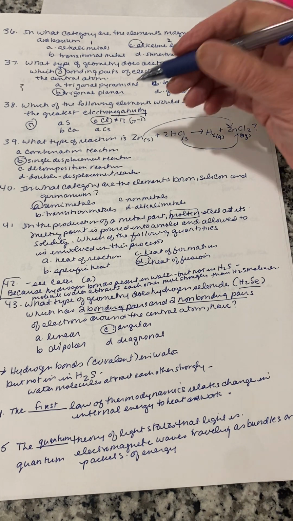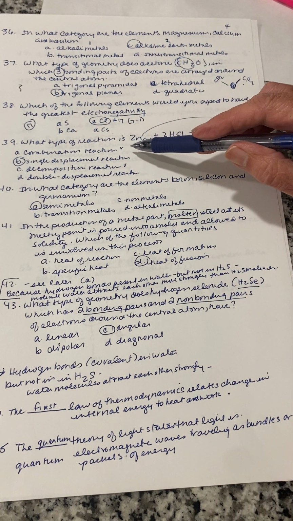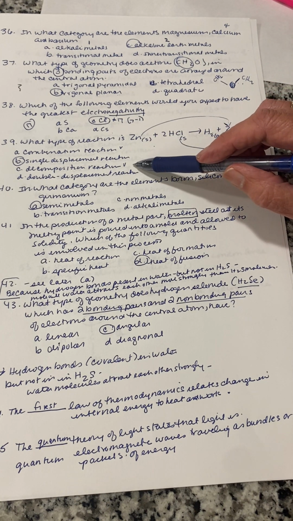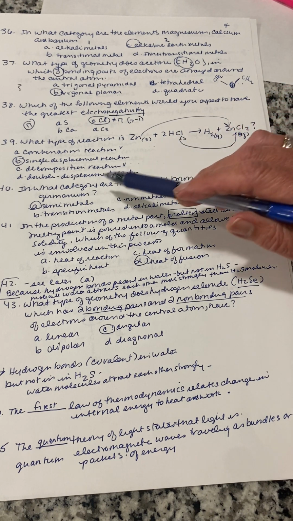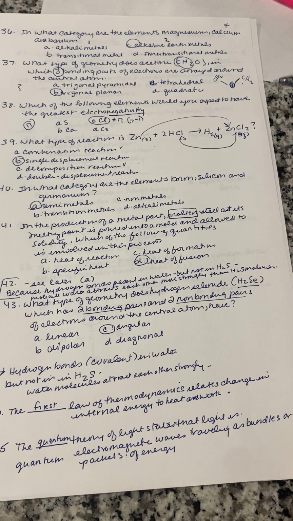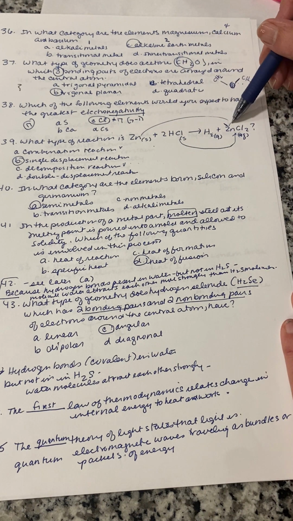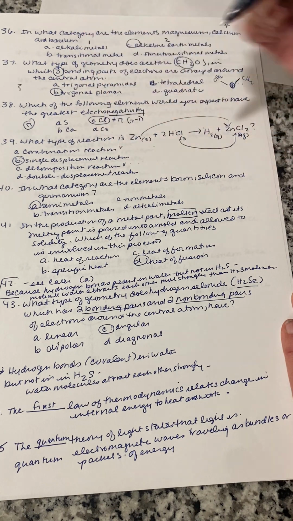No. So we know it's not going to be the combination or the decomposing, because one would be a combination, combining 2 into 1, and the other, 1 decomposing into 2. So these 2 are opposite. So the double displacement, well, we don't have a double displacement. Double displacement is like they're changing partners. They're not changing partners. So here we have zinc changing a partner over here, but basically hydrogen's coming here, so you're going to have a single displacement reaction.